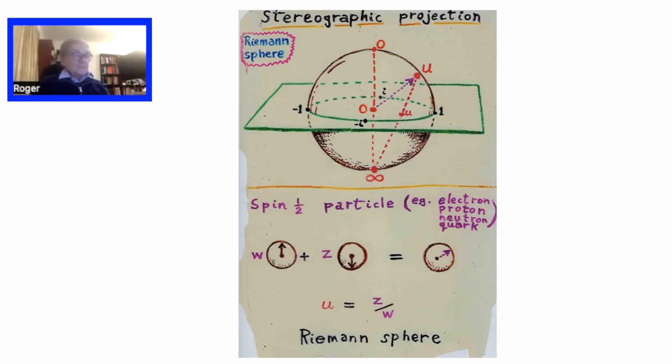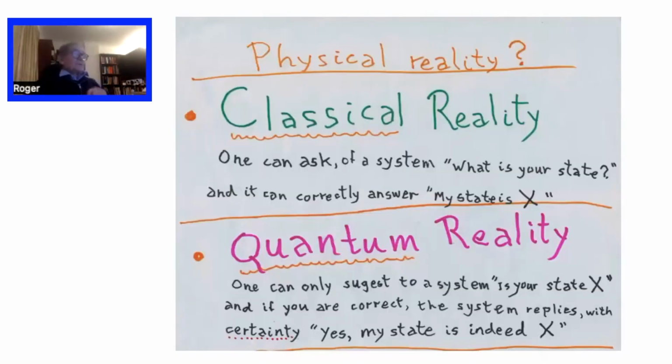And let me come to that. What do I mean by classical reality as opposed to quantum reality? Well, classical reality is something where you can ask a system, hello system, what is your state? You could take some object, so I can take my magnifying glass here. I can say, what shape are you?